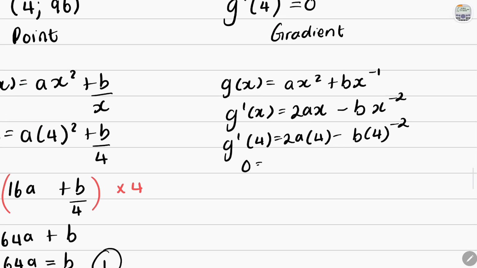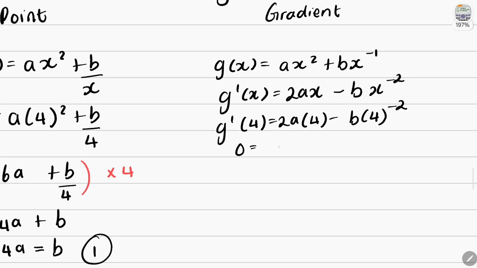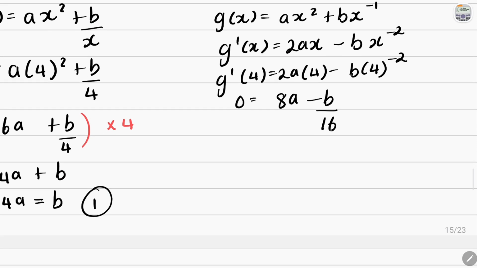And we're specifically saying that g prime of 4, the gradient where x is equal to 4, is 0. So 0 is equal to, and 2 times 4 is 8, so this is 8a, and then minus b, and this is 4 raised to the power of negative 2, which you can rewrite as 4 squared, okay, moving it to the denominator, and then the exponent becomes positive. 4 squared is 16, so this is what we have, and now we can just make b the subject.